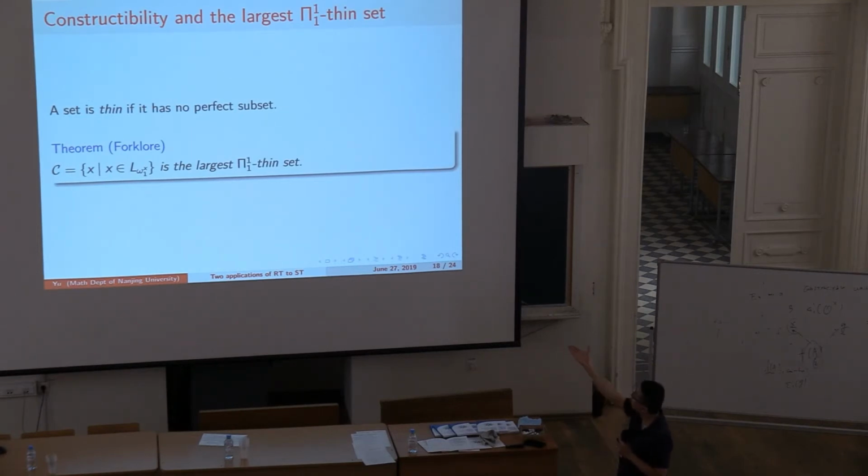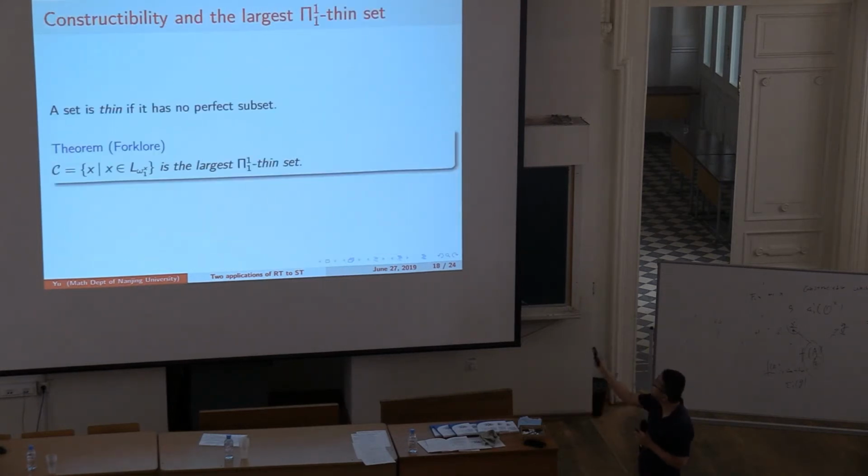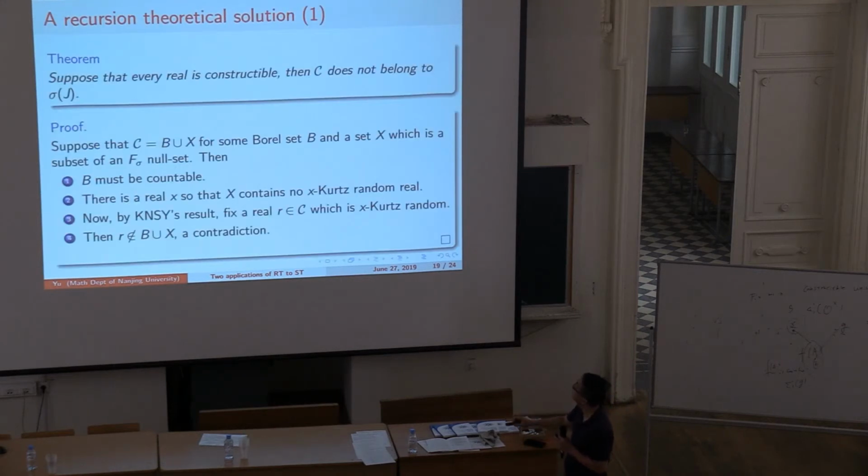It can be proved, I'm not sure if by recursion theorists or set theorists, that the largest Π^1_1 thin set is this: the set of x in ω^ω such that ω_1^x equals ω_1^L. It's something like the master codes in L, all the master codes in L. And this is quite a natural Π^1_1 set, and we will use this to give the example, but using quite a bit of recursion theory.